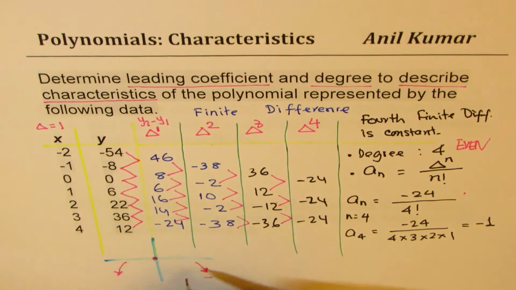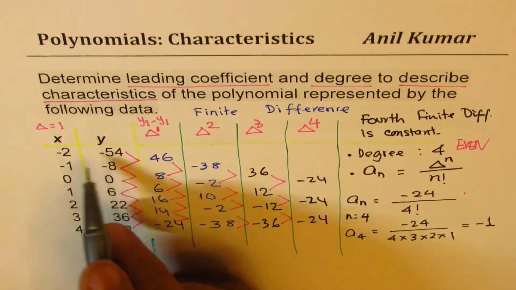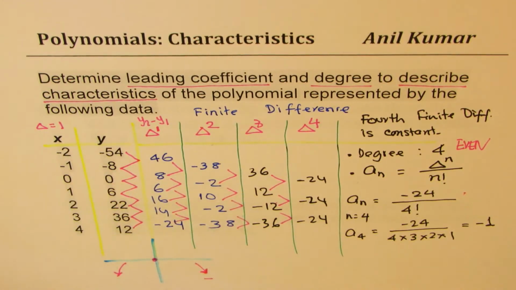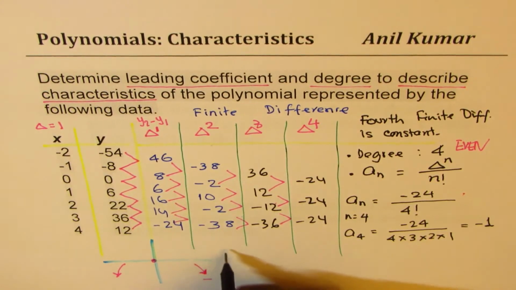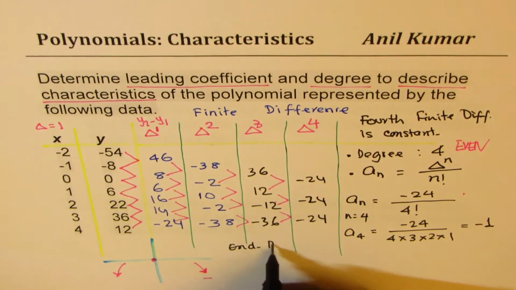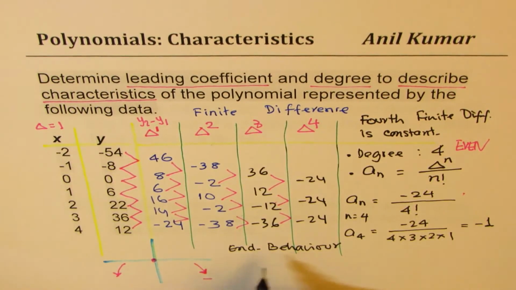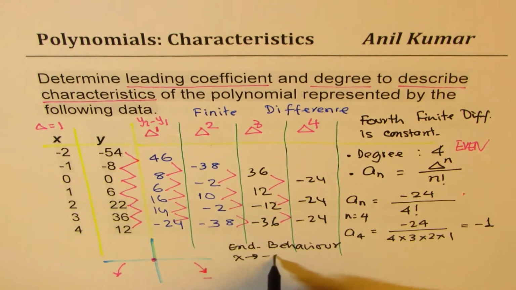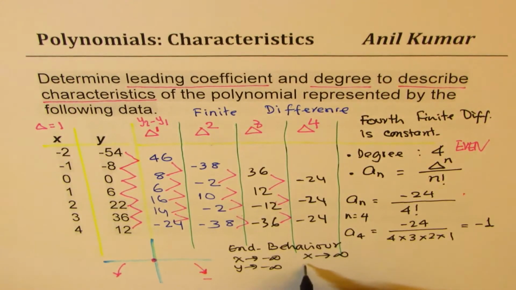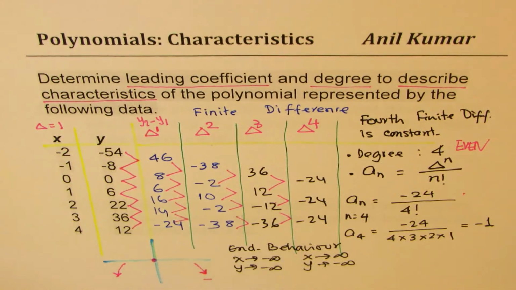We know we have a 0 at 0, but we don't have much more information here. So the end behavior is: when x approaches negative infinity, y approaches negative infinity, and when x approaches positive infinity, y again approaches negative infinity. Both ends face the same side.